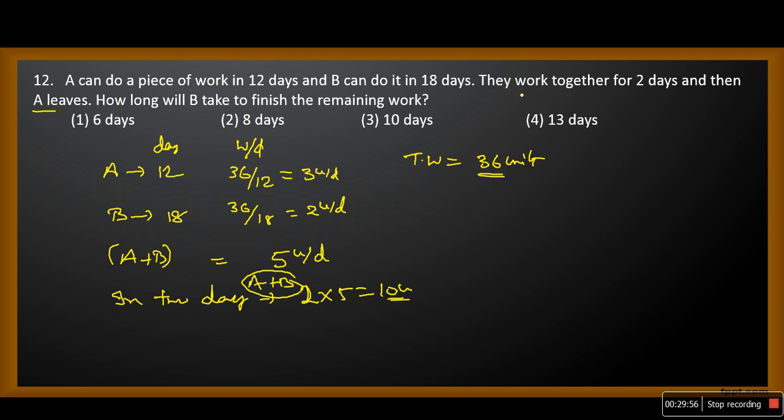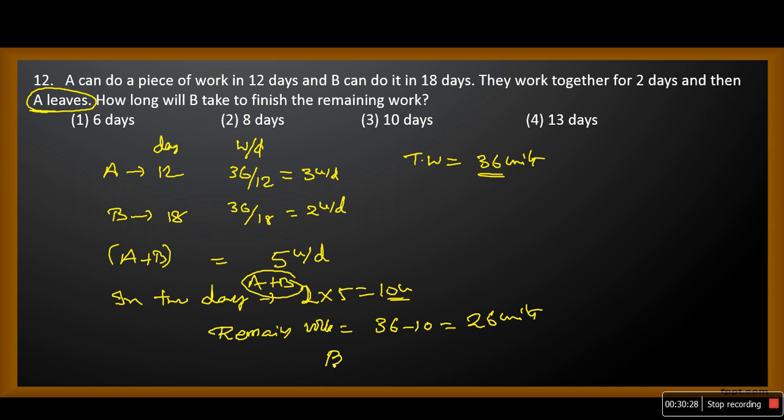What happens? After 2 days, A leaves. Now, what is the total work we assumed? 36. How many units are completed in 2 days? 10 units. So the remaining work is 36 minus 10. 26 units of work is left over. Now, how long will B take to finish the remaining work?